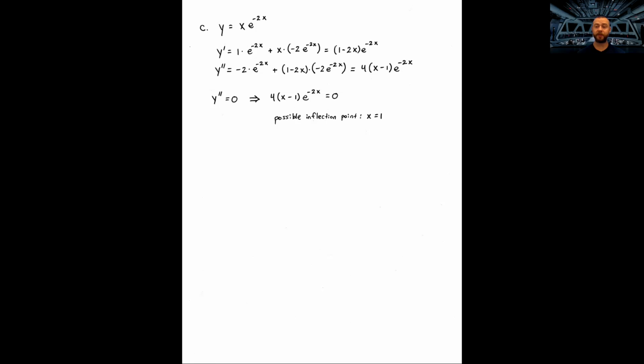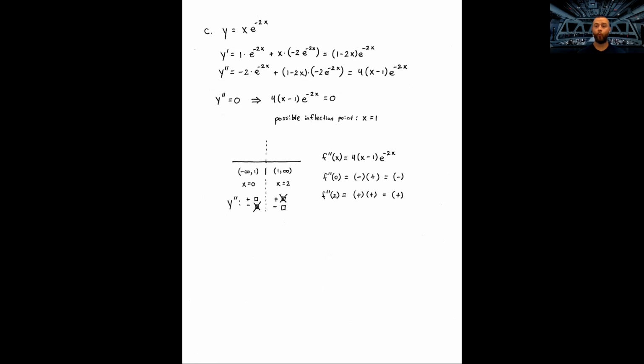With one possible inflection point, our sign chart for the second derivative is really simple. We just have one point at which we're splitting the x-axis, right at positive 1, and we get two intervals, negative infinity to 1, and the interval 1 to positive infinity.